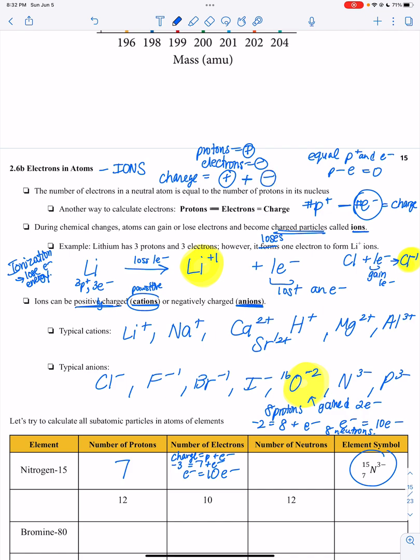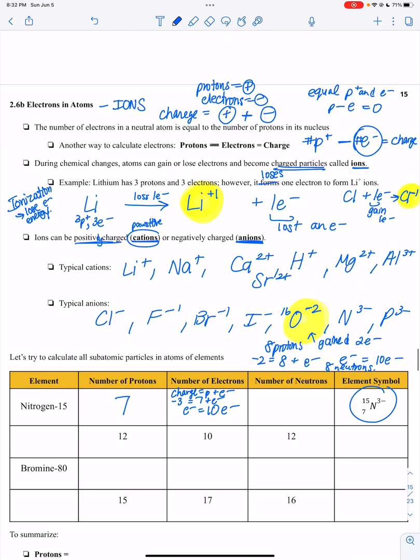Or it could be simplified. I actually did that over here. It's protons minus electrons. That's why I was doing the plus here. You get the same idea. So protons minus electrons, I kind of was saying the same thing.